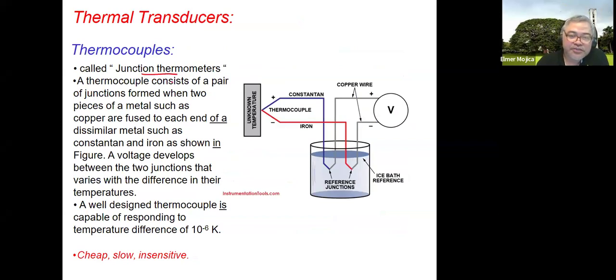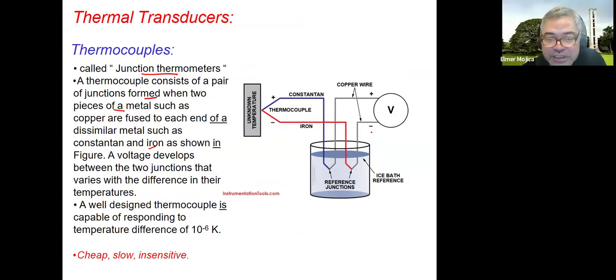these are the junction thermometers. Okay, so for a thermocouple, you have a pair of junctions formed when two pieces of metal, such as copper, are fused to each end of a dissimilar metal, such as iron, as shown in this figure.